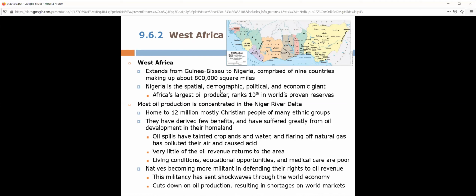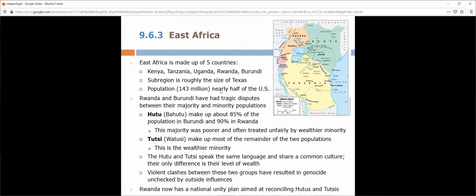To be honest, a lot of these countries have somewhat nationalized their oil companies. Nigeria, I believe, owns its own oil, but that's kind of a rarity, right? And then if oil markets are affected in some way, West Africa suffers because of it. We can move over to East Africa, talk about Kenya, Uganda, Tanzania, some stuff like that.